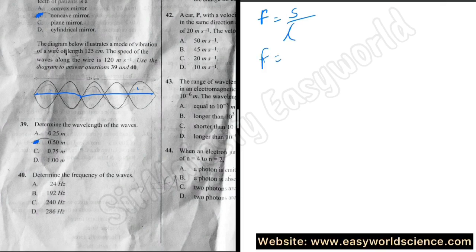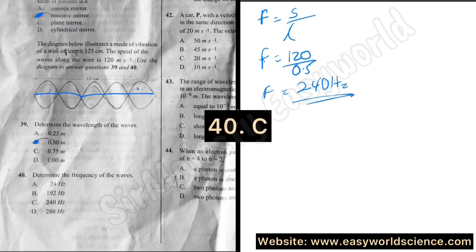So I need to do the speed divided by the actual value of the wavelength here. The speed we were given was 120, divided by the wavelength that we got, 0.5. So 120 divided by 0.5 will give us 240 hertz. So the correct answer to this question is C.